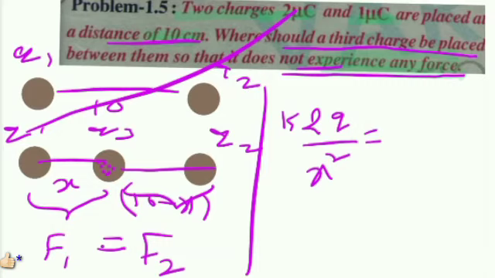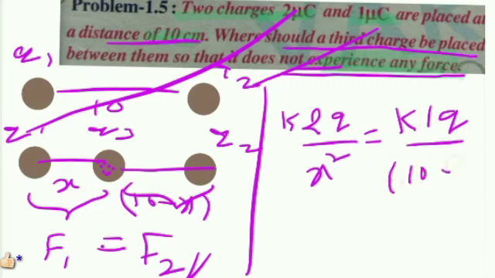And F2 is K, taking charge 1 microfarad, 1 into Q by 10 minus x whole square.